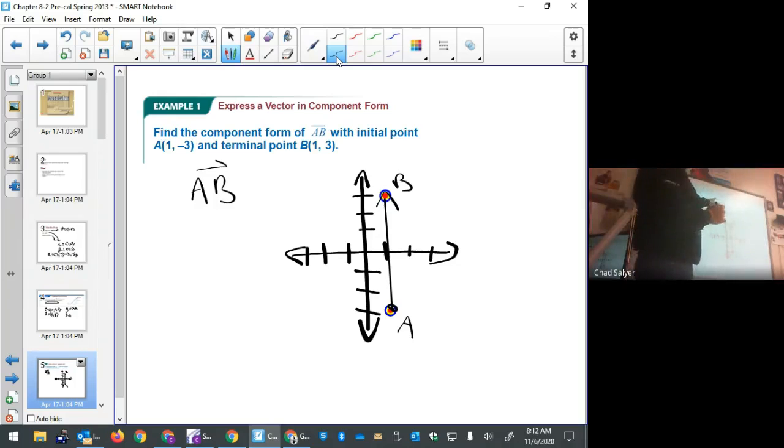Notice the half arrow hat there. So it's going to equal <1 minus 1, 3 minus -3>, which is <0, 6>.